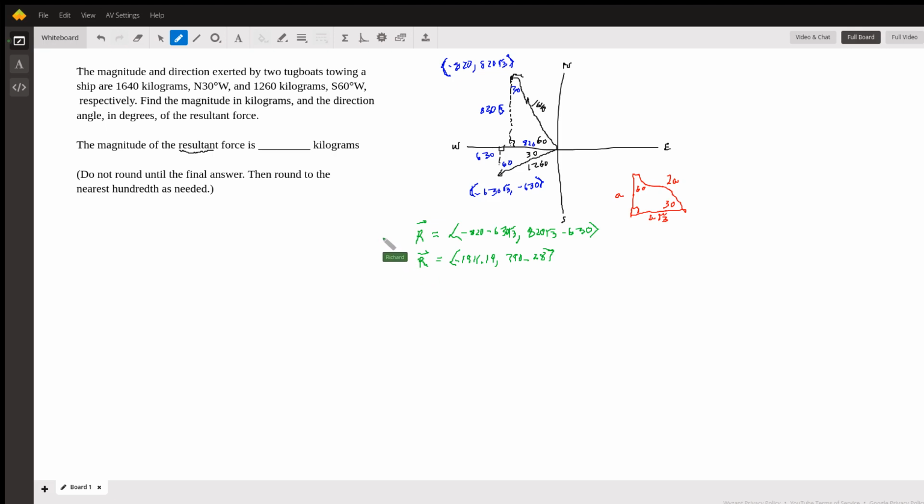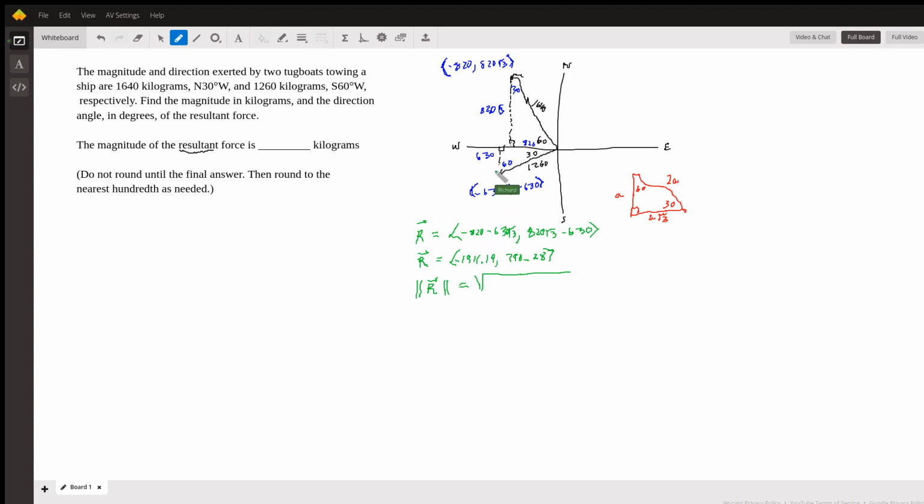And they want to know the magnitude here. So the magnitude of R. This is really just the Pythagorean theorem. If your teacher hasn't explained that or maybe gave you a complicated explanation, it's really not complicated.